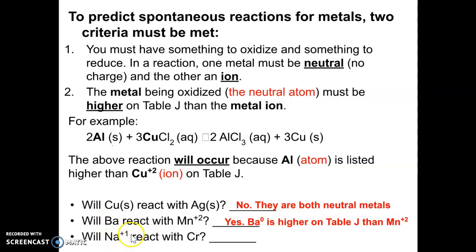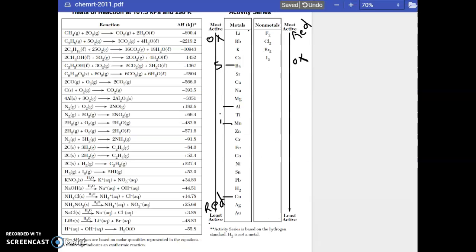Will sodium ion react with chromium? I have a suspicion it won't, because sodium's a group 1 metal, so it's pretty active, and chromium, I know, is somewhere in the middle of the reference table. And so here, sodium is the ion, and chromium is the solid.